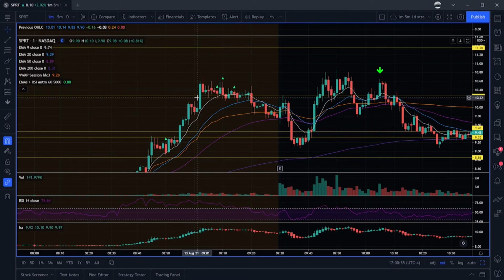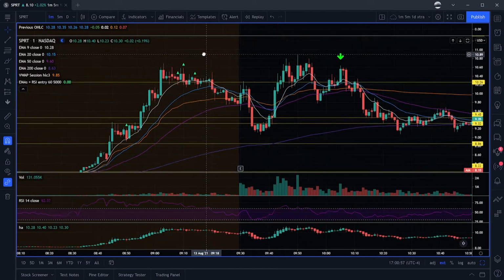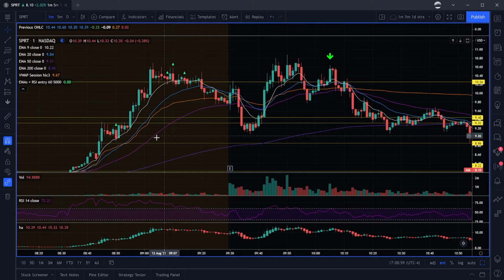Finally, on the 1 minute, we have basically the same exact stuff on this chart, the 9, the 20, the 50, the 200, and VWAP. We also have a custom indicator I'm testing, and sometimes I use it. It prints these green upwards triangles.